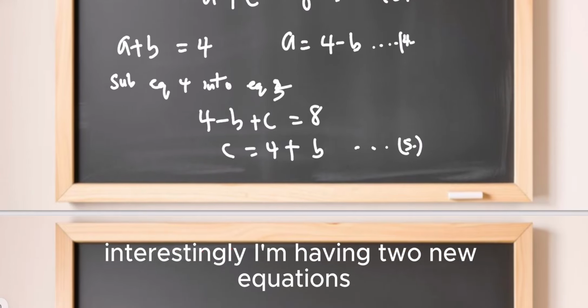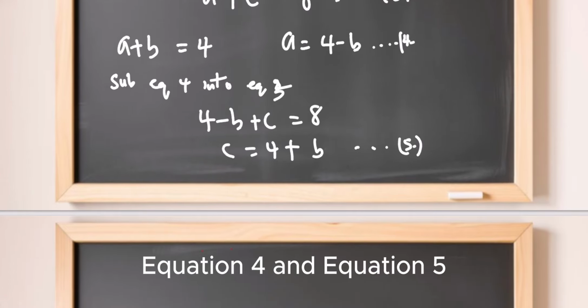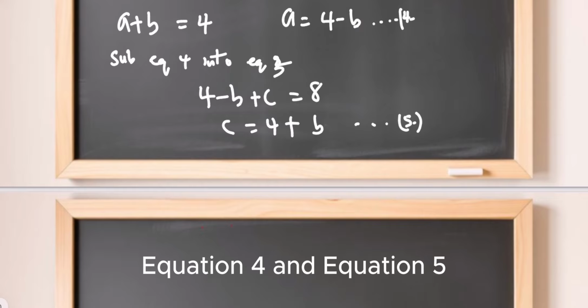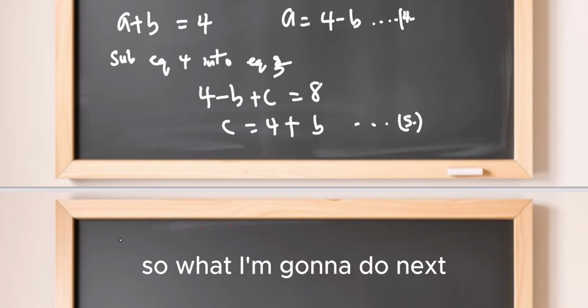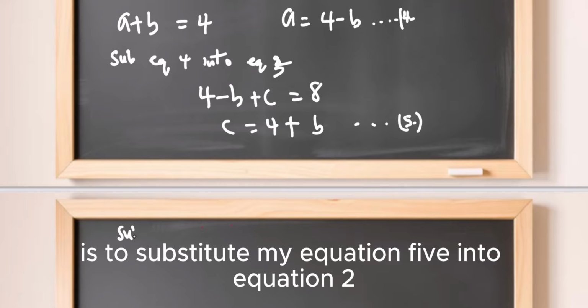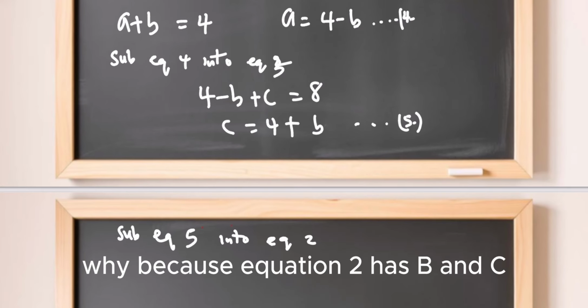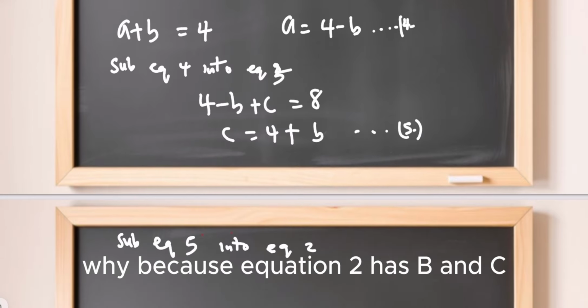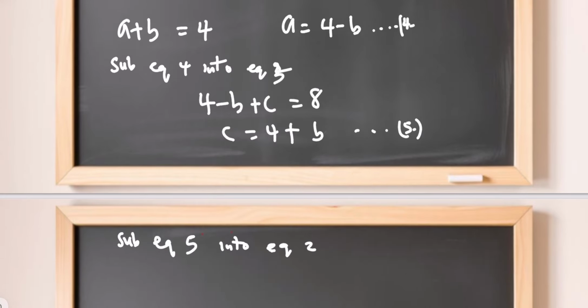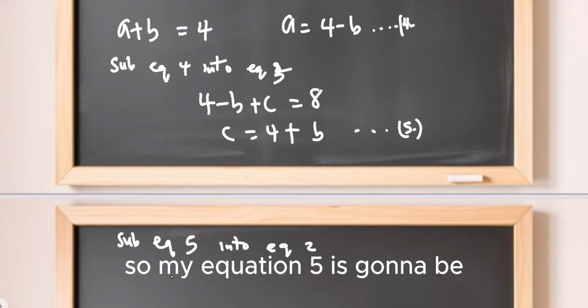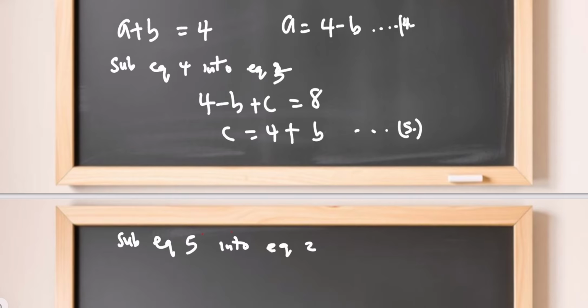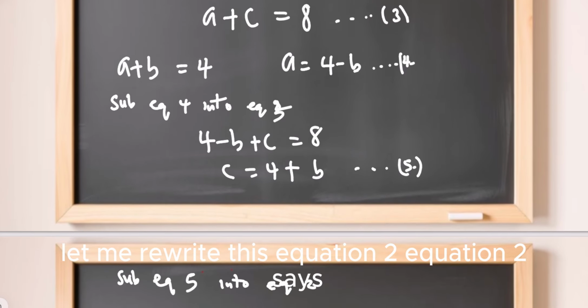Interestingly, I'm having two new equations, equation 4 and equation 5. So what I'm going to do next is to substitute my equation 5 into equation 2. Why? Because equation 2 has B and C. Let me rewrite this equation 2.